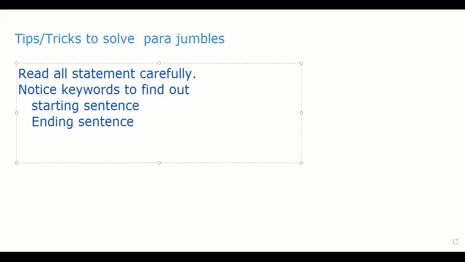Sir, you can find out the starting sentence by seeing the capital letter. Yes, that is a very good idea. There are two different types of questions, Cynthia. In one question, we are going to break one sentence into multiple parts.